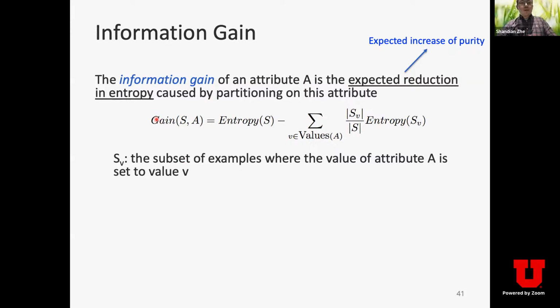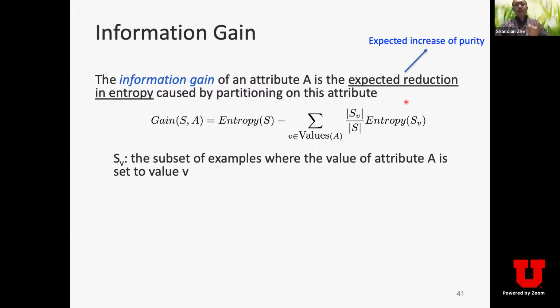So how can we compute that? Given this set S, a set of examples, we look at the information gain of using A to split on S. It is defined as follows. First, we compute the overall entropy of the set S itself. Then we look at the entropy of each subset when using A to split on S. Remember A can have multiple values, and S_v means the subset of examples in S for which A takes value v.